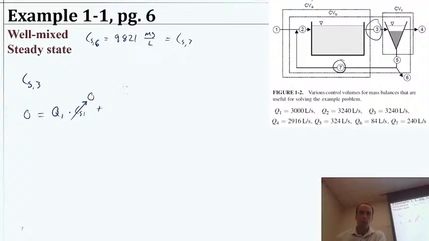Got to remember that one. Q7 times CS7, now that we have that information, minus what's going out, which is CS3 times Q3.